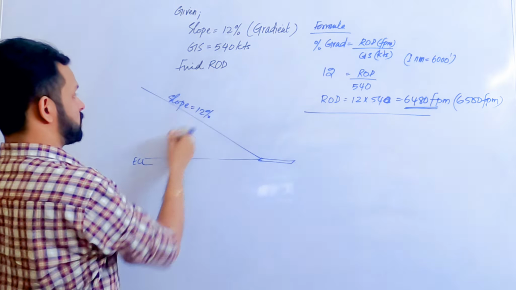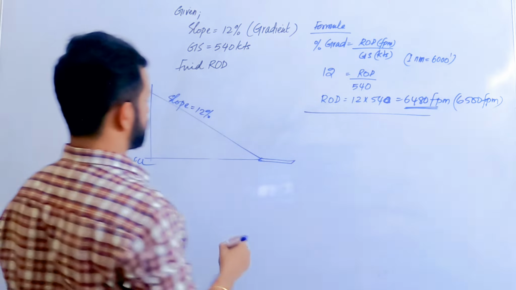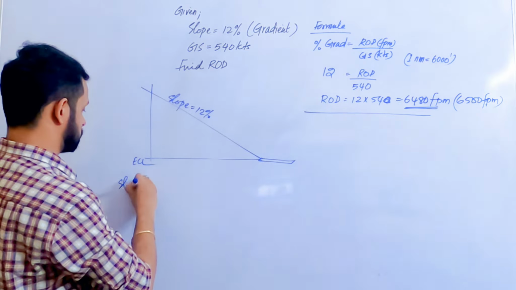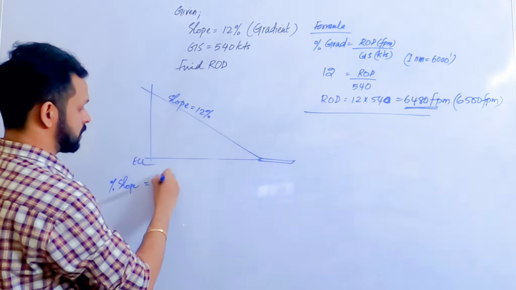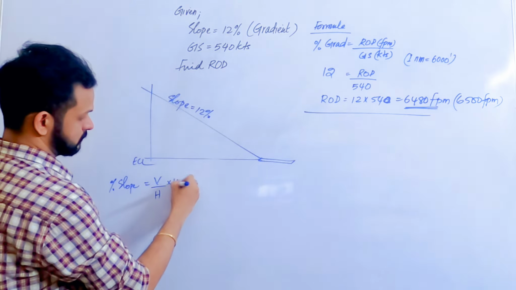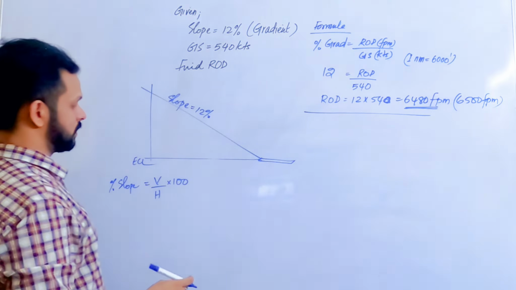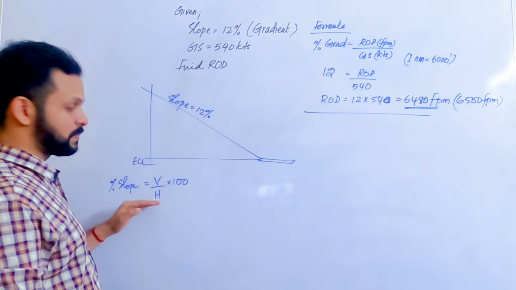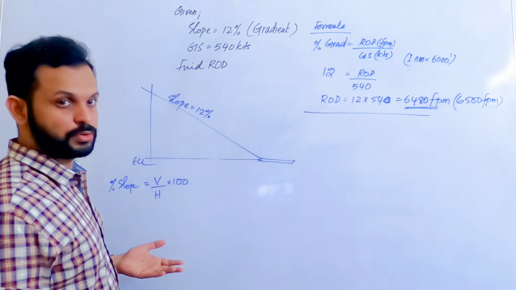Now, what's the meaning of slope? Percentage slope is V by H ratio into 100. This means your vertical height is 12% of the horizontal distance that you're traveling.